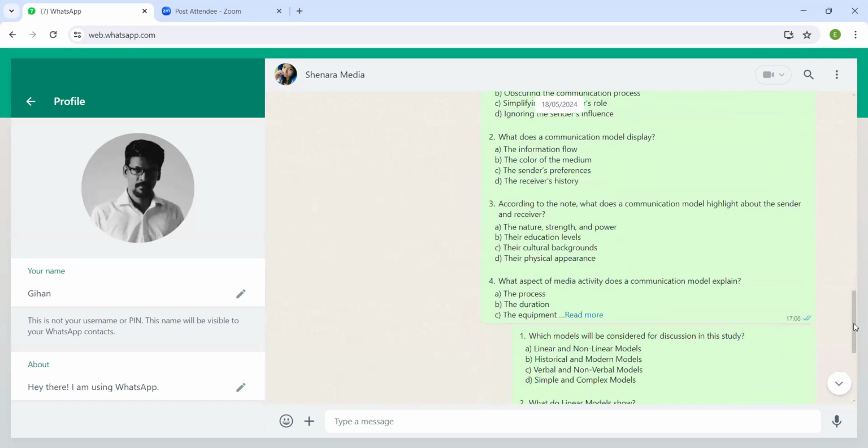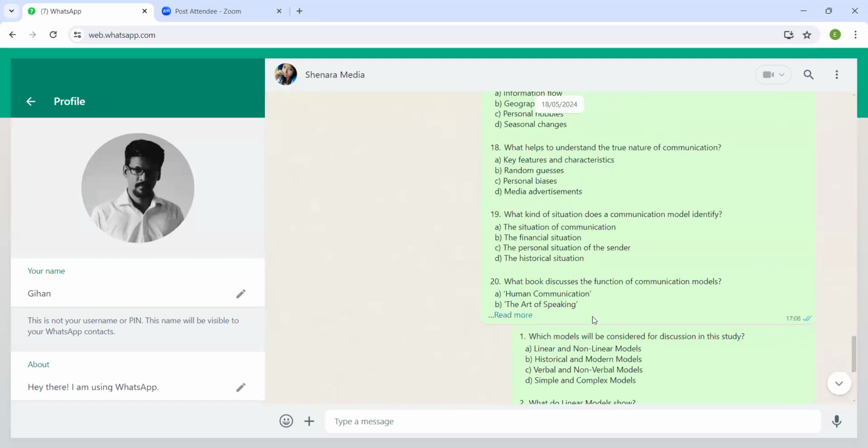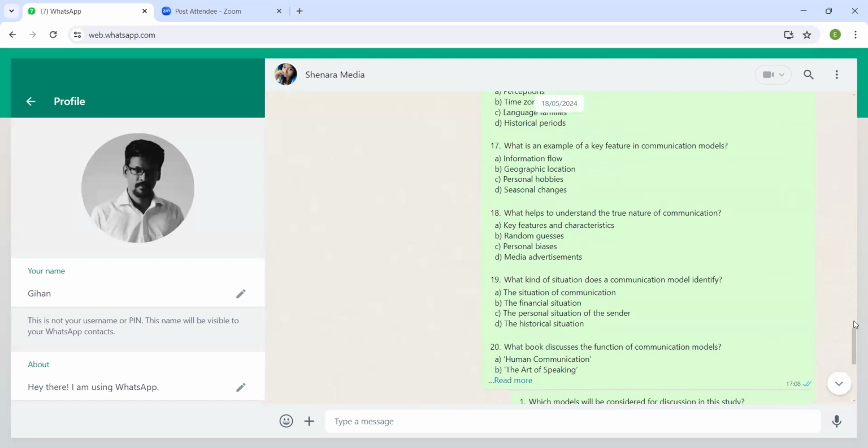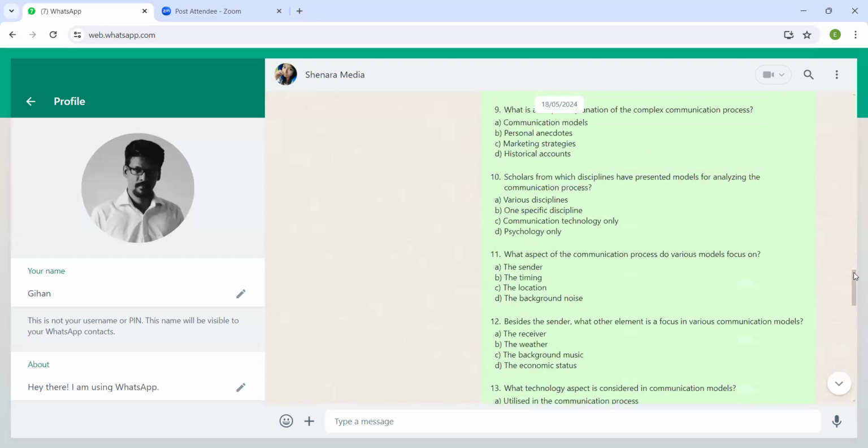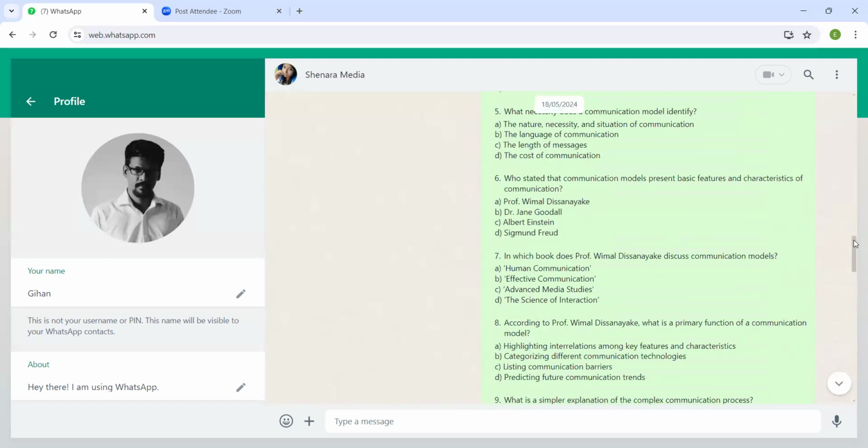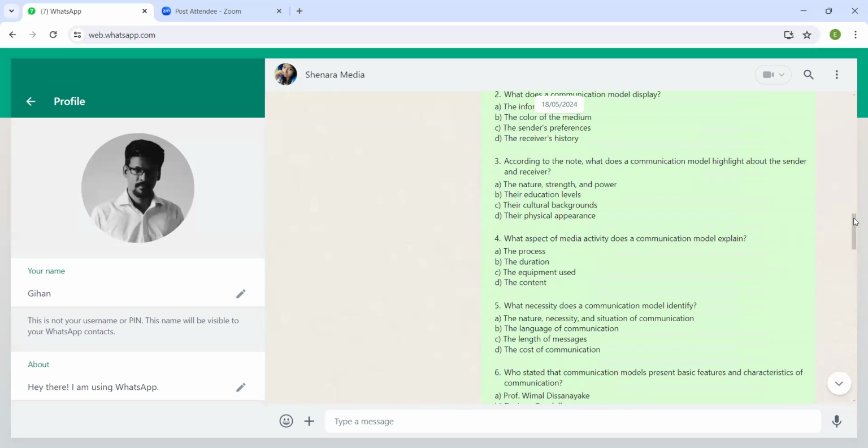Okay. What aspect of media activity does a communication model explain? Question number 3, answer A. Question number 4. What aspect of media activity does a communication model explain? The process. The duration.